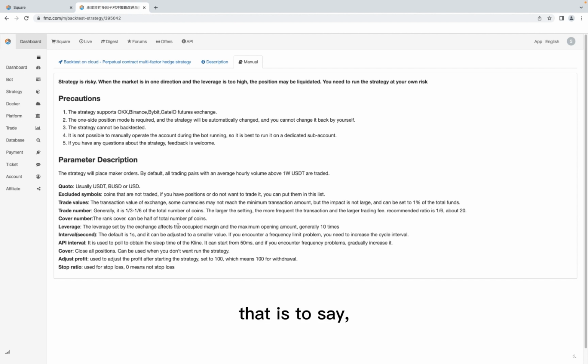That is to say, once a variety beyond the 1 to 20 ranking suddenly enters the 1 to 20 ranking after factor value ranking, the variety will open a long position.